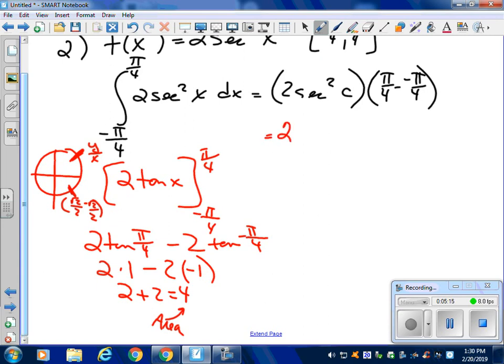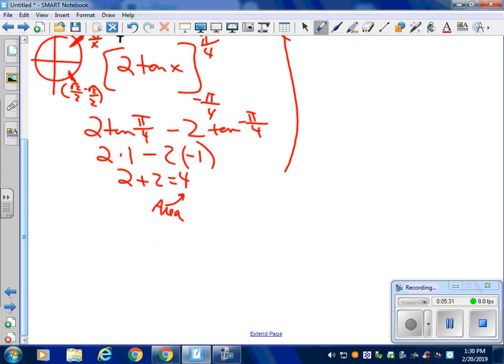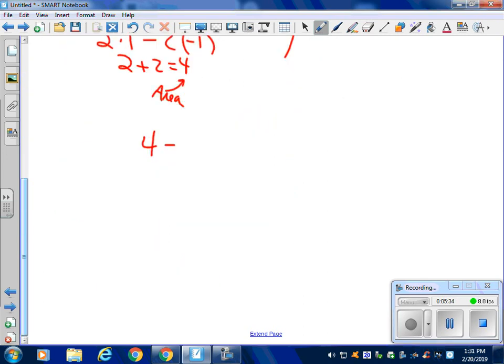So we've got 2 secant squared of C, and we're going to multiply that by, well, what's a fourth plus a fourth? Because 2 negatives cancel out. A half. So now we've got that side worked out, we can bring it down here and say 4 equals 2 secant squared of C times pi over 2.